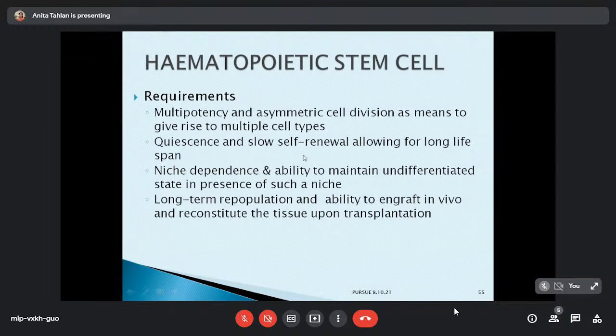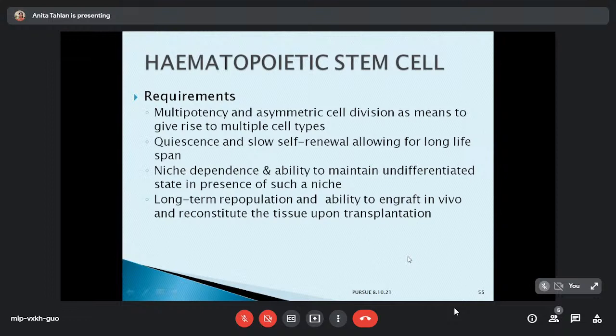It needs to keep itself for a long time span, so it should have long-term renewal. And we have the niche on which it should be dependent, and we should be able to maintain the cell in an undifferentiated state in the niche. Once it leaves the niche, it gets differentiated, but in the niche it remains undifferentiated.